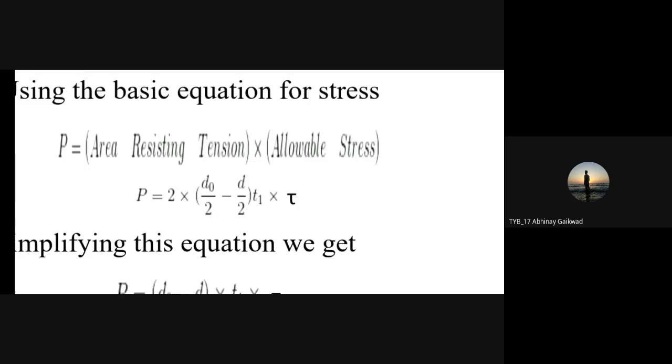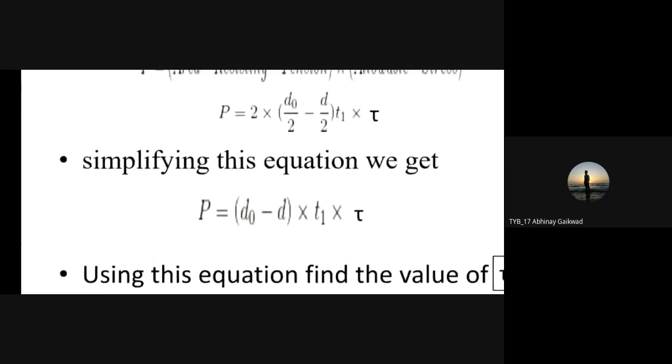Now this formula can be simplified. DO by 2 minus D by 2 can be written as DO minus D divided by 2, because the denominator is the same. This 2 will get cancelled, which was multiplied for the doubling of that area.